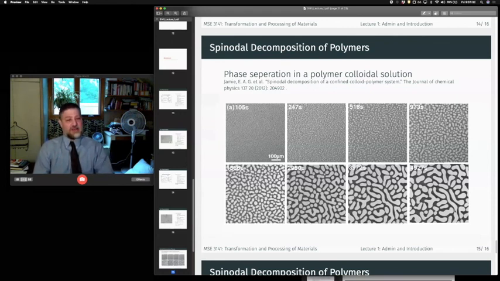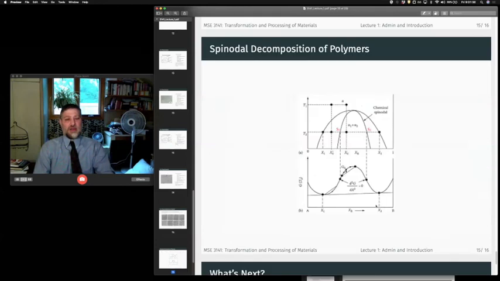Not really, right? So the answer is this structure comes up because we are essentially only dealing with short-range diffusion.